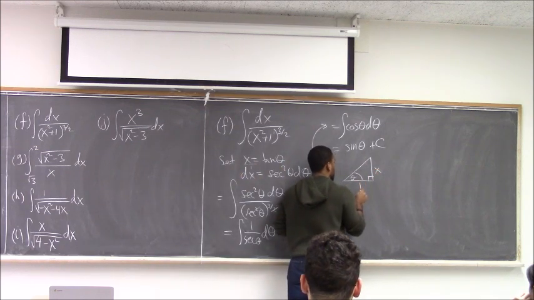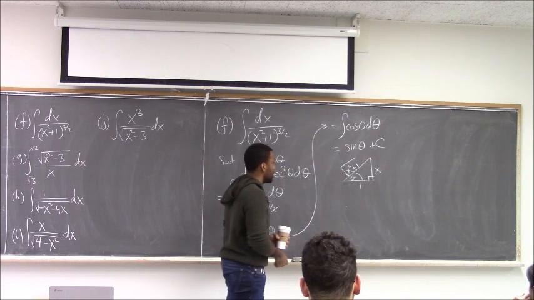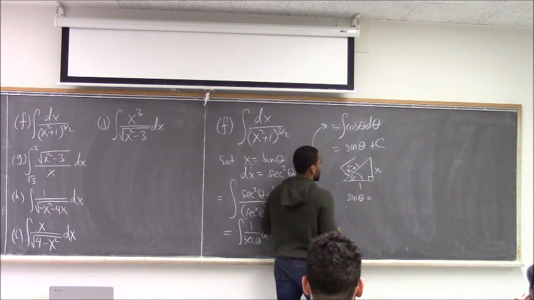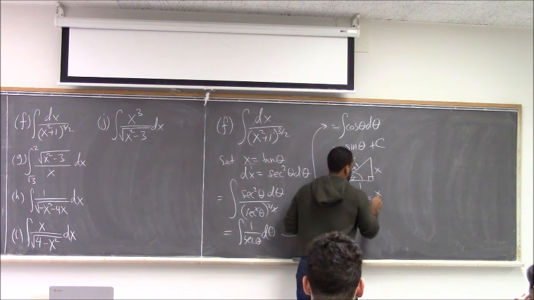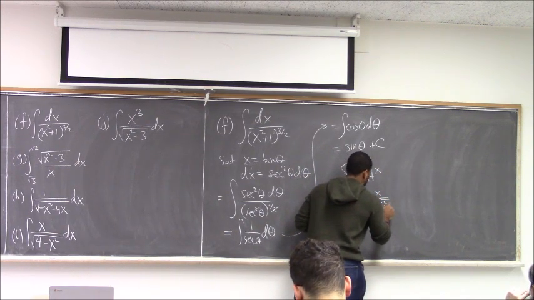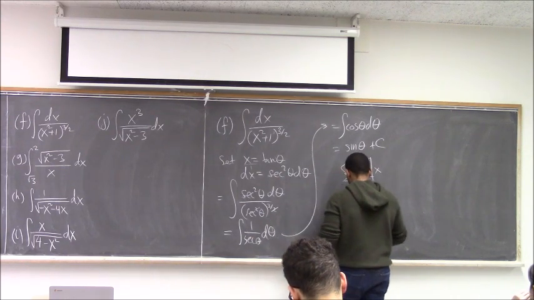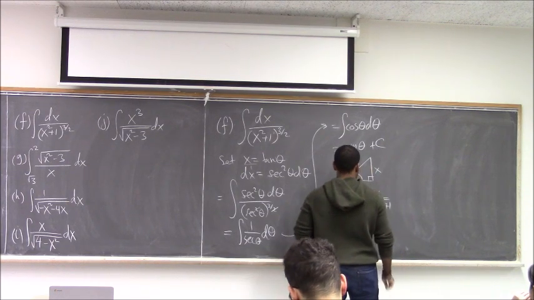So the hypotenuse is that by Pythagoras' theorem. So you'd be able to figure out that sine of theta is opposite over hypotenuse. So it's x over the square root of x squared plus 1. And so that is the answer for the whole integral, x over the square root of x squared plus 1.